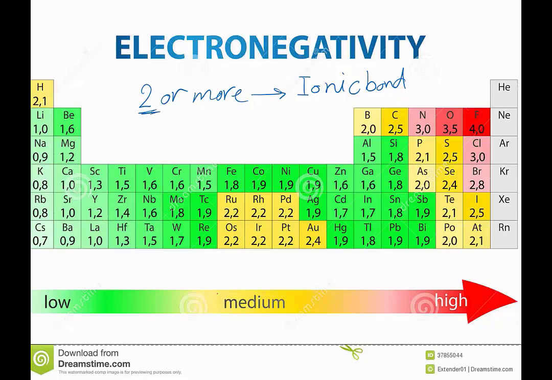If the difference is 1.7 or less, that's a covalent bond. And that's also a general rule. There are some few violations, but that's general.